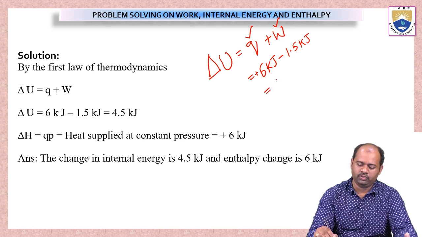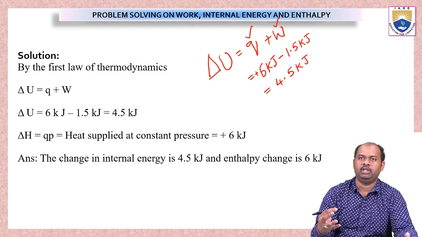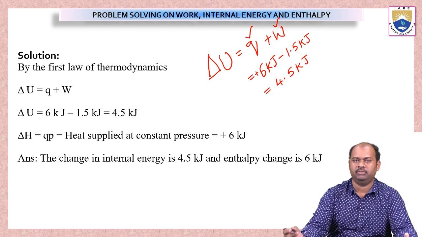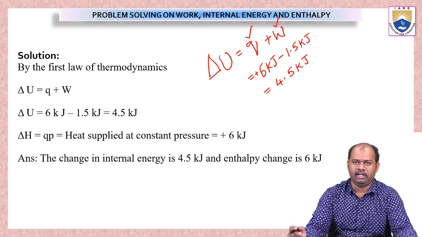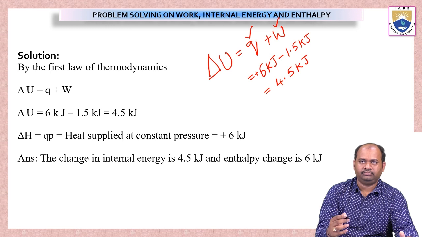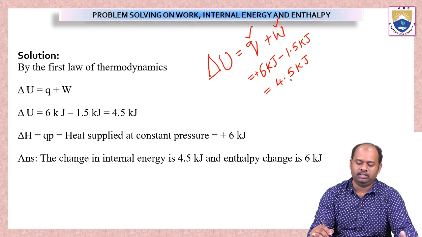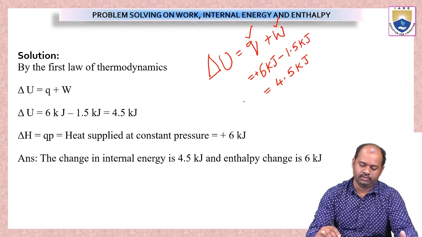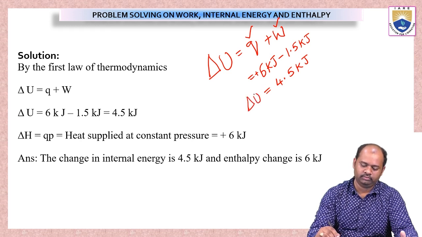Now the total value is 4.5 kilojoules of energy. So this is the change in internal energy of the system. The overall net heat is 4.5 kilojoules. So this is delta U.